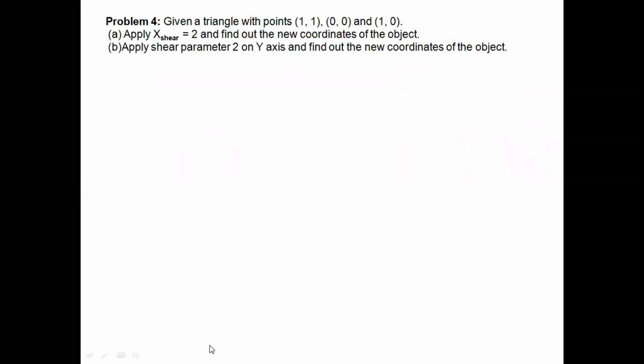For example, you are given an object, and if I want to tilt it, or if I want to x shear it by certain units, you may get the object in this manner.